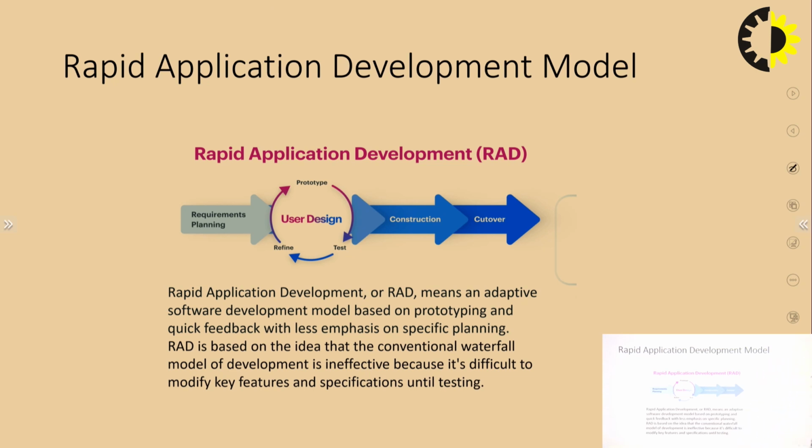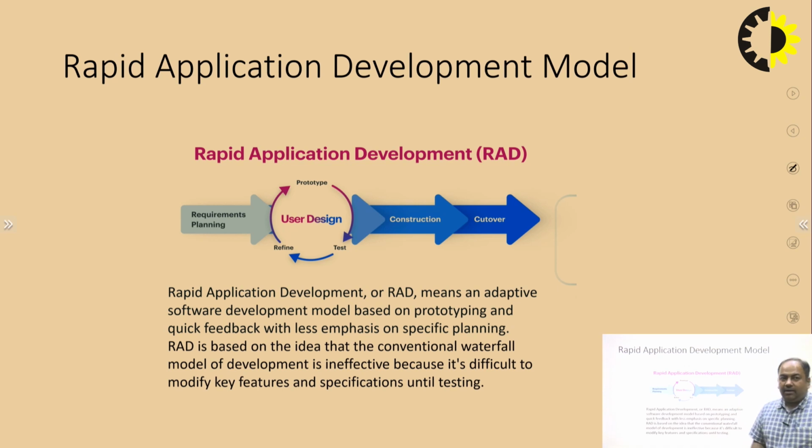What do you mean by prototyping? Prototyping means before designing the main project, we develop a prototype, in other words a sample. So first we design and develop a sample, and after that we construct the main project or main product.